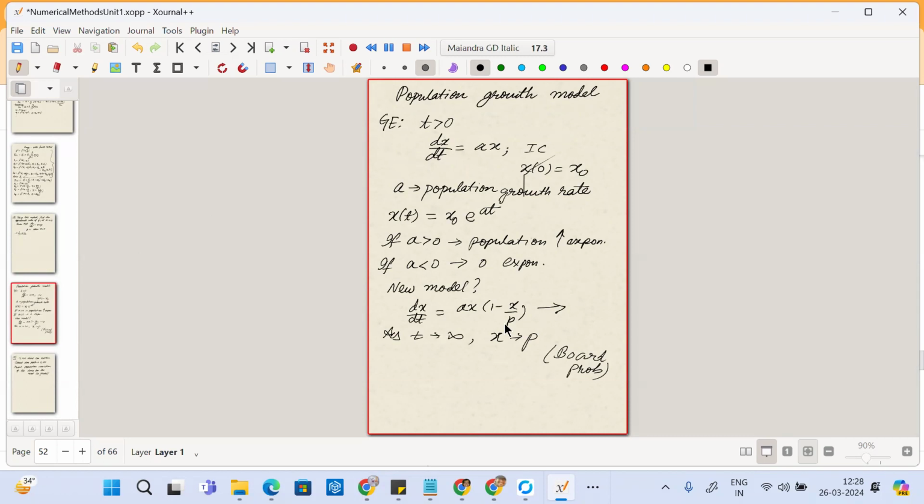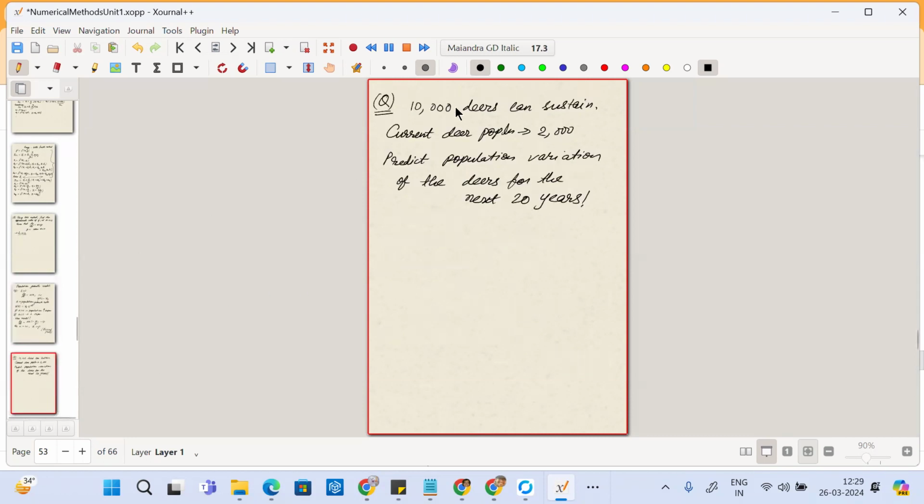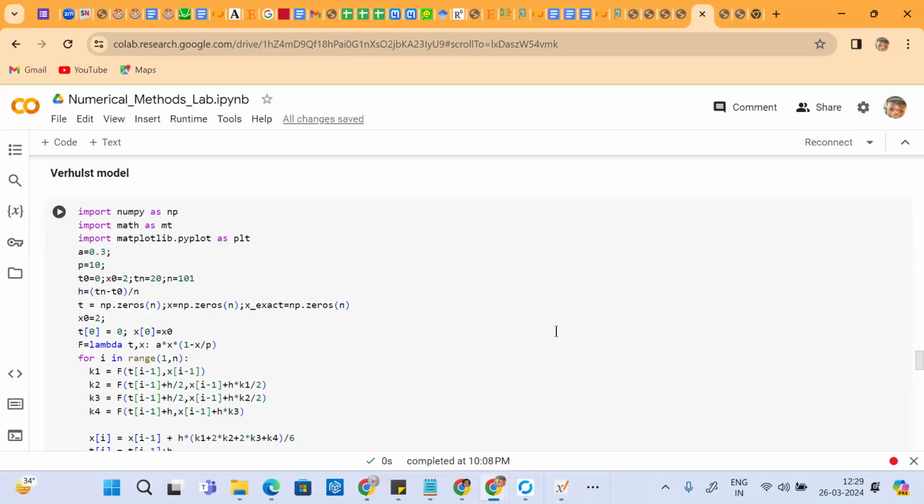You also know the current deer population, which is 2,000, and the maximum it can sustain is 10,000. And the time is given to you: 20 years. What will happen after 20 years to the deer population? You have to find using the Verhulst model. So we will use this Python. This is what I have for that model.